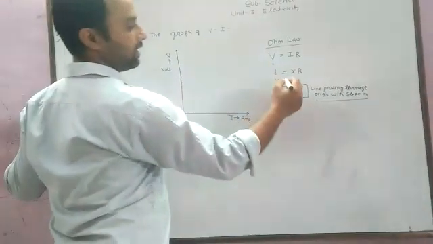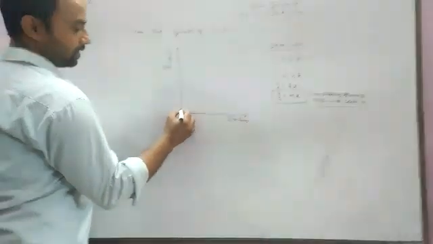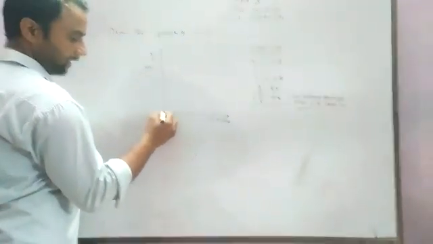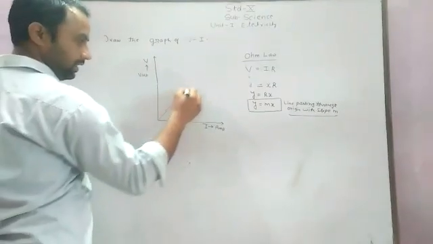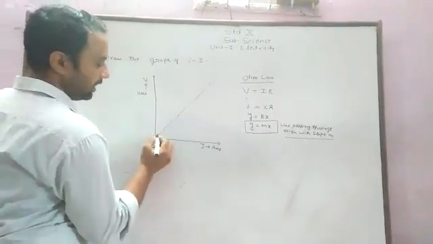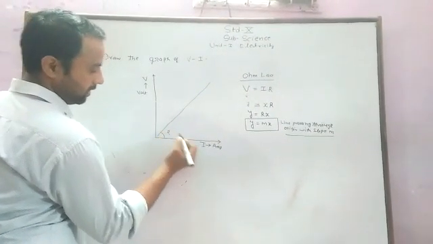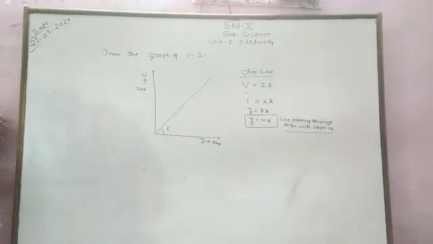So here we compare this equation with voltage and current. It means it is a straight line. The nature of the curve is like that, and this value is given as resistance.